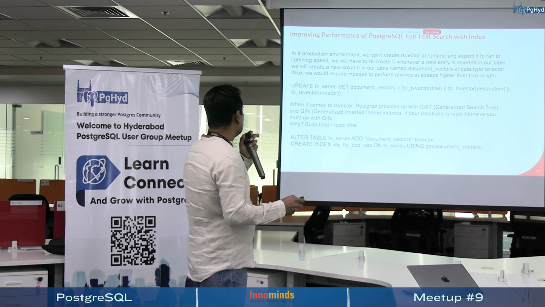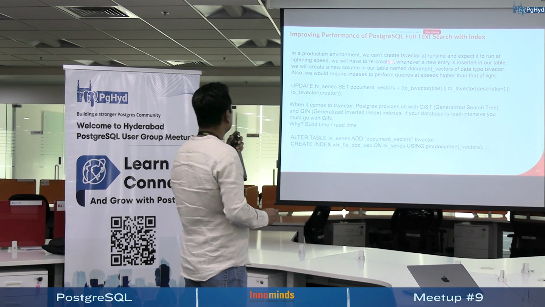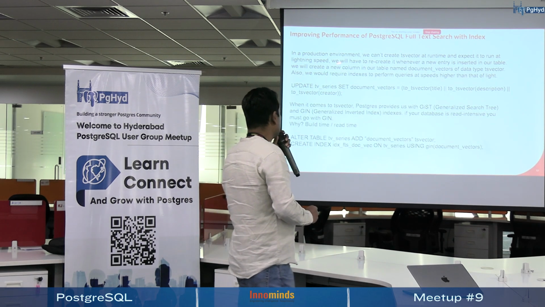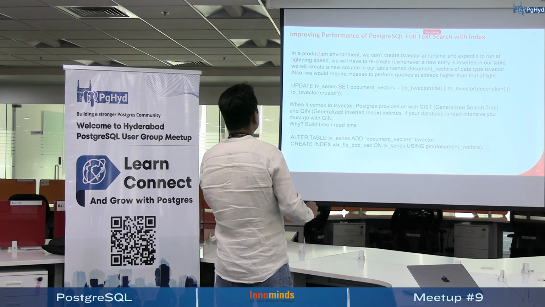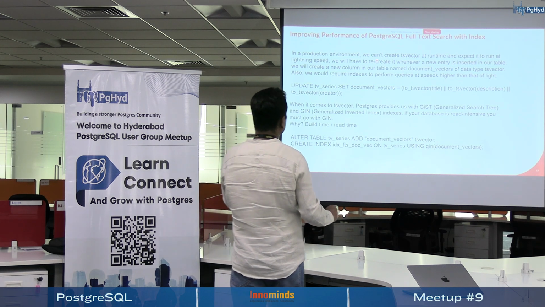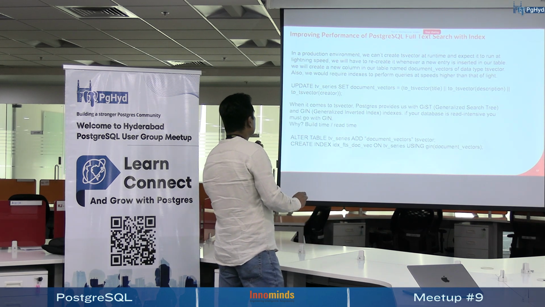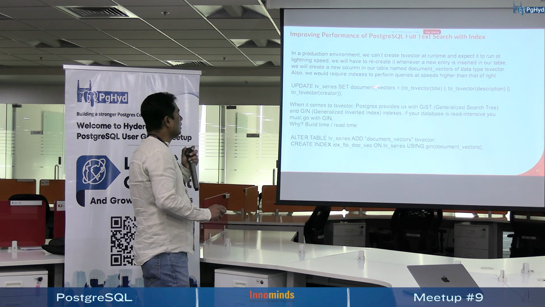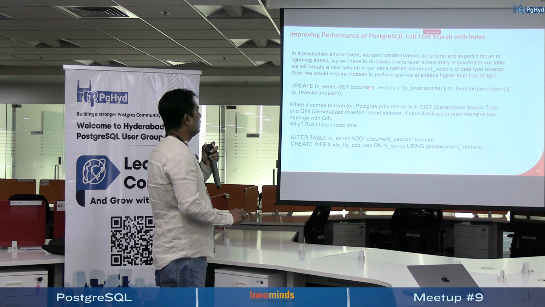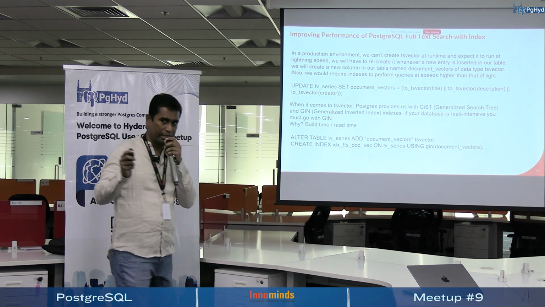Here it is already mentioned, what I told you, for that particular environment. Once you go to the production environment, obviously you are going to use an index, and the document vectors column, or whatever name you put. Basically you have to create that particular column.